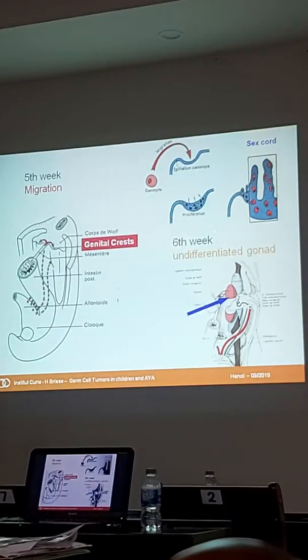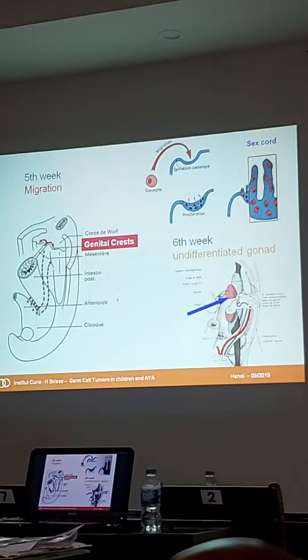And at the 6th week of embryology, there is an undifferentiated gonad which contains these germ cells, and then you will have the differentiation between male and female. So this is the origin and the migration of the germ cells.